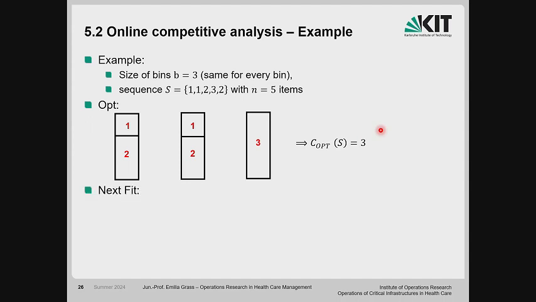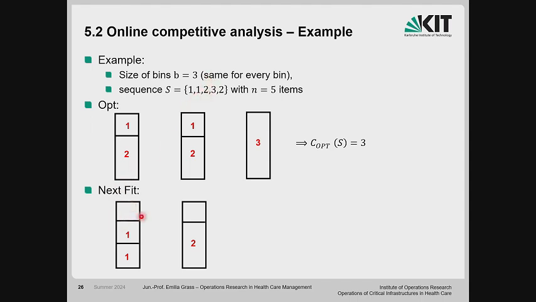If we would use the next fit, that would mean the first request is coming in, and it is placed in the first bin. The next request is coming in, it requires capacity of 1. It still fits into the first bin, so it is assigned to the first one. Then the 2 capacity request is coming in.